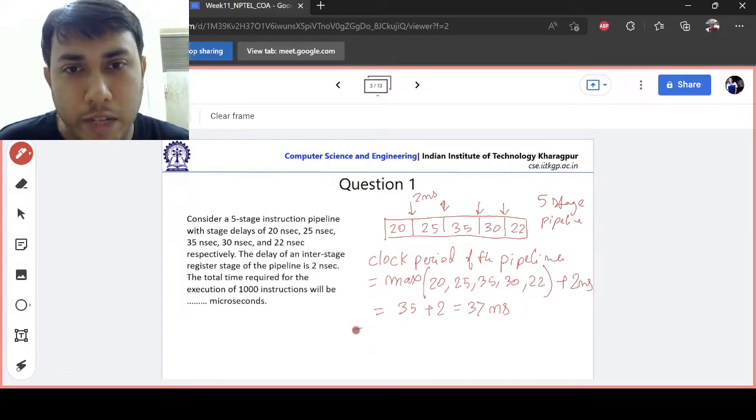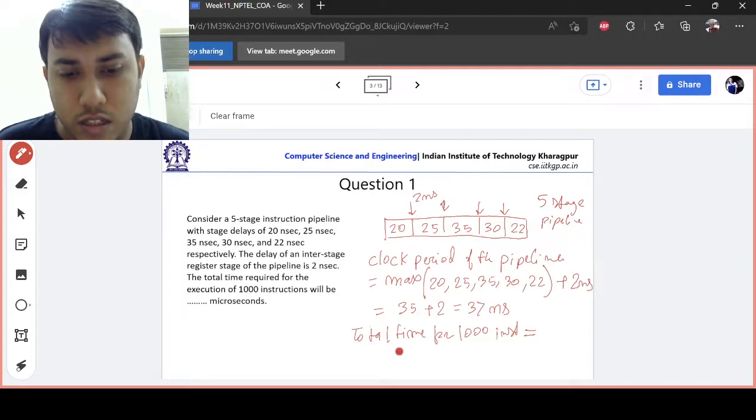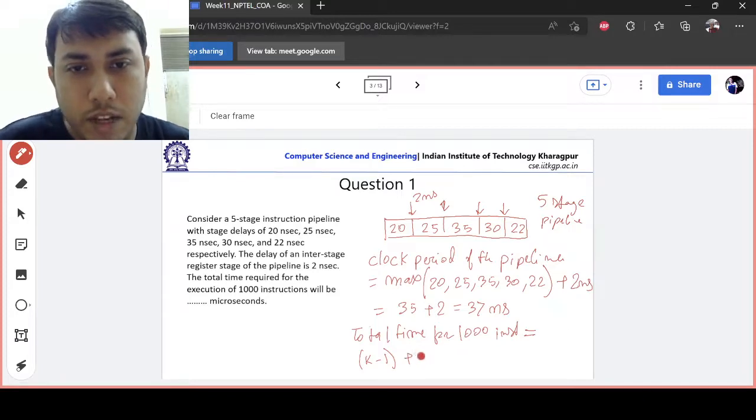So the total time required for 1000 instructions will be (k minus 1 plus 1000) into 37.